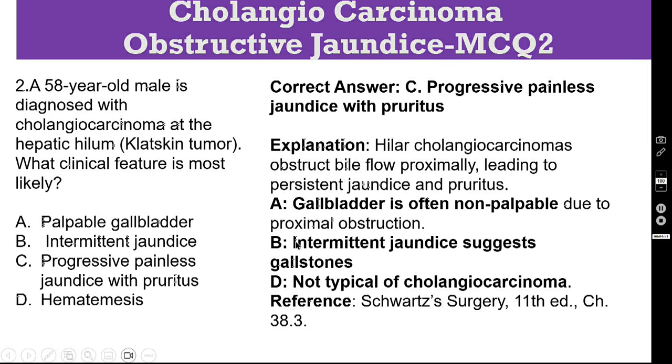Intermittent jaundice suggests a gallstone in the CBD, that is choledocholithiasis. D. Hematemesis is not typical of cholangiocarcinoma. Hematemesis is always a GI problem, not a problem of the biliary ducts. The reference is Schwartz surgery, 11th edition, chapter 38.